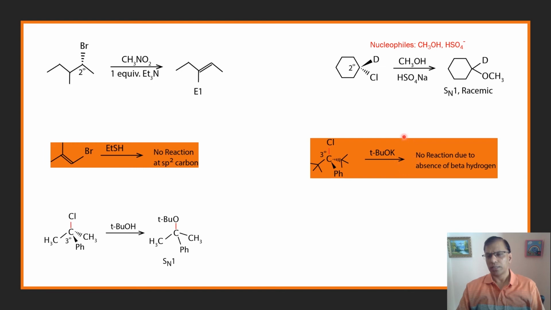Let's look at another example. This is a strong hindered base, so it prefers an E2 elimination reaction, but you can see, look at the substrate, there are no beta hydrogens here. There are no beta hydrogens, and because of that, there won't be any reaction.